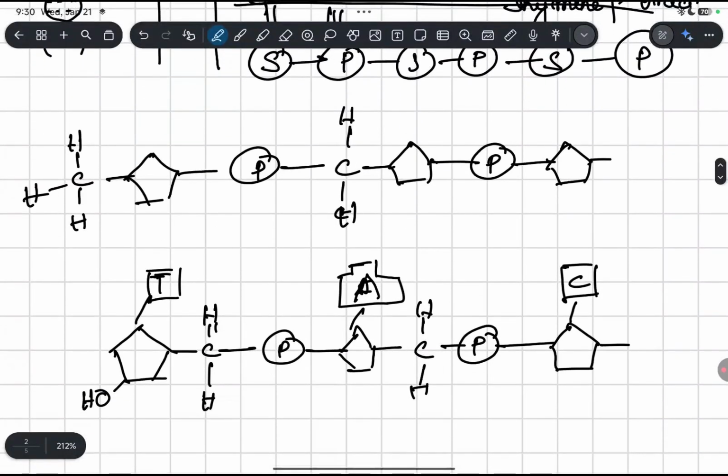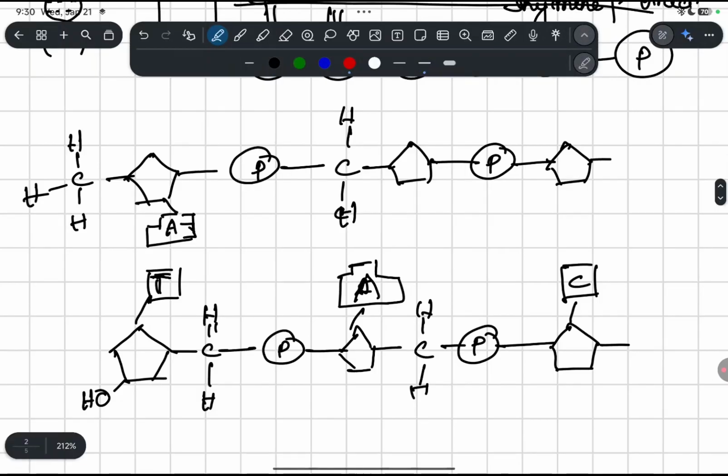So here if there is thymine, we'll definitely have adenine here, right? Now the bond which binds these adenine and thymine is a double bond.